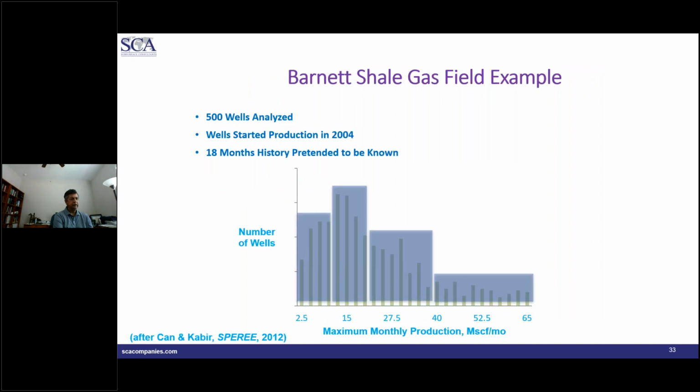So we had a quote unquote aggressive approach. The Barnett Shale play, 500 wells. We said, okay, this is good. So we converted all the 500 wells into 4 pseudo wells.